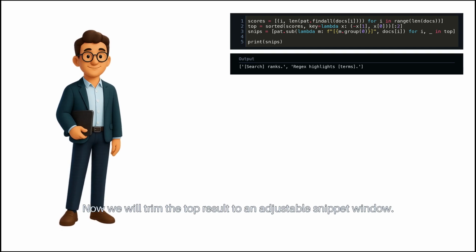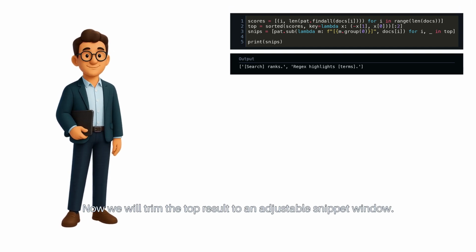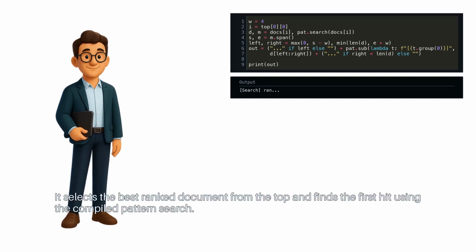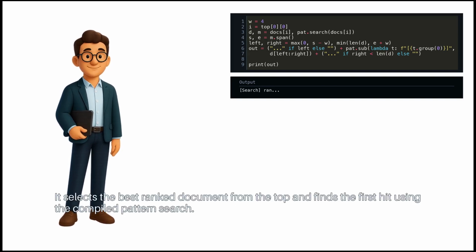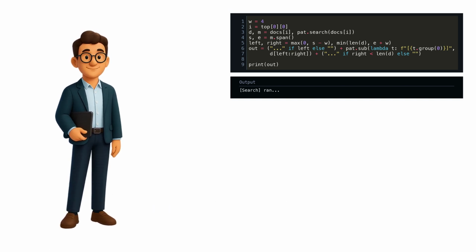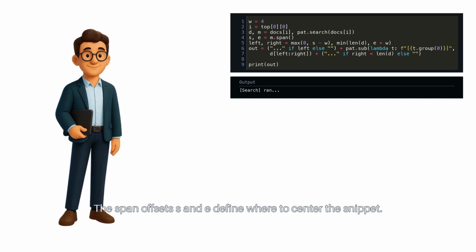Now we will trim the top result to an adjustable snippet window. This snippet trims the top result to an adjustable snippet window. It selects the best ranked document from the top and finds the first hit using the compiled pattern search. The span offsets S and E define where to center the snippet.